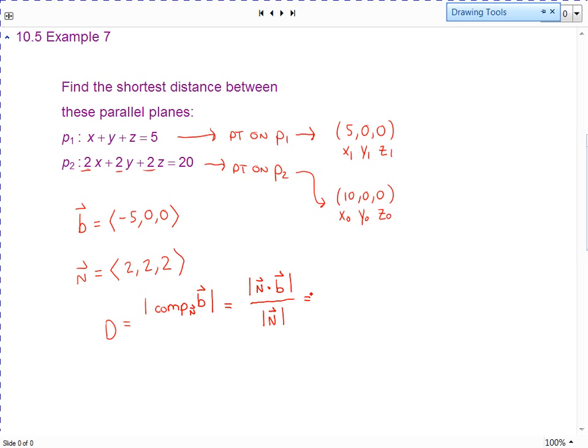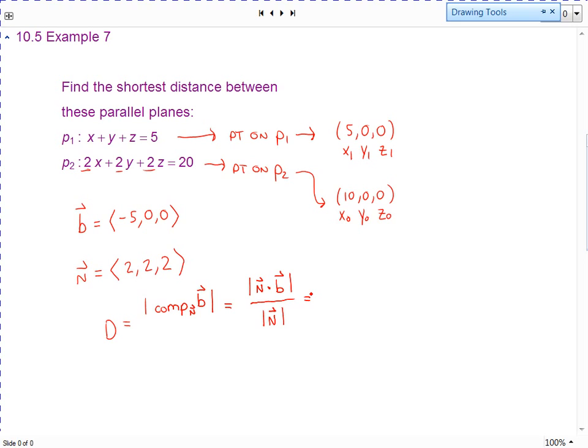So it's really the absolute value of the number. The only reason we think of absolute value is because dot products can be negative, and so it's a distance, and we don't want to talk about negative distance. So we absolute value it. Now the bottom one is the length of a vector, and that's got to be positive.